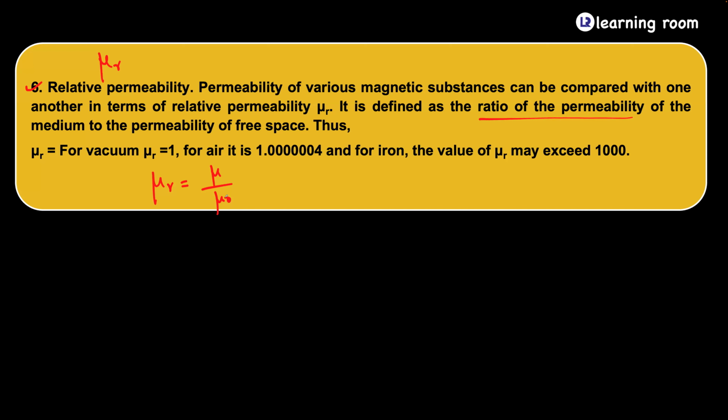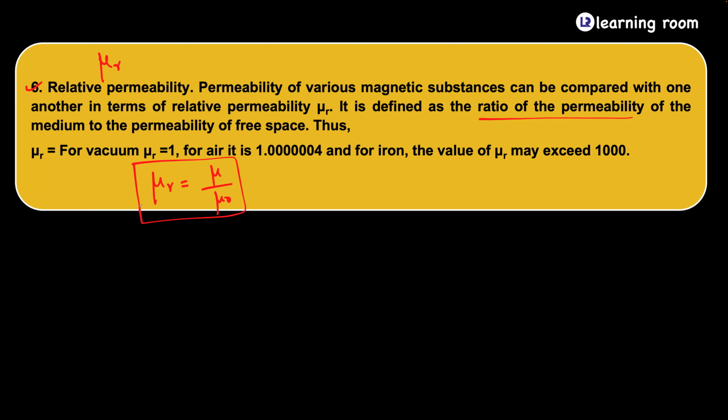So mu naught is in the denominator. I hope you'll not forget it. This definition comes in your exam, and this is very important for the table that I told you. Those who are online, am I clear?